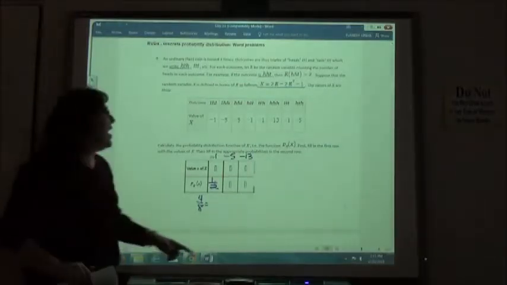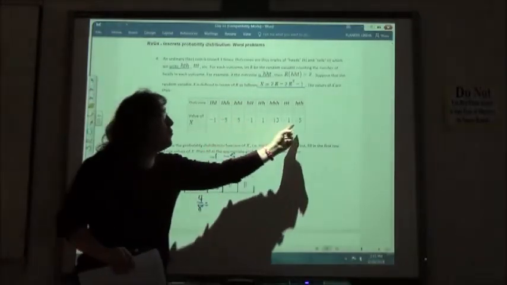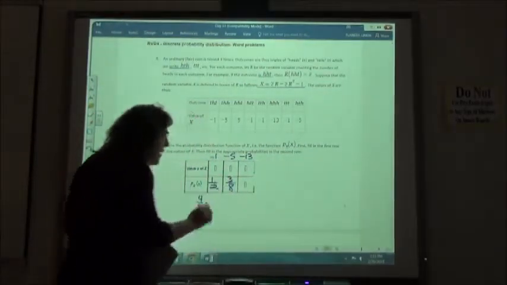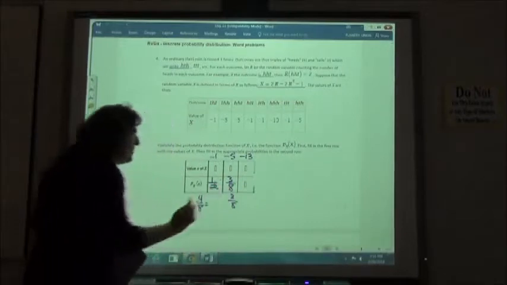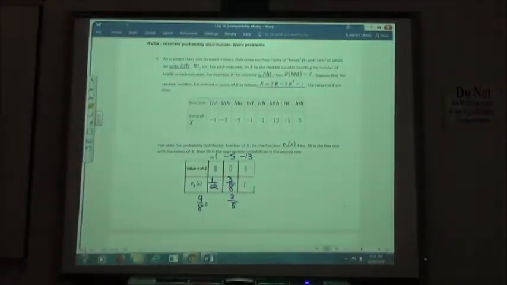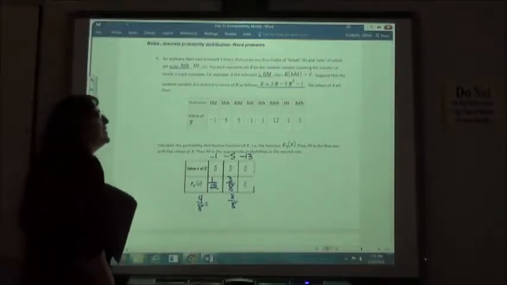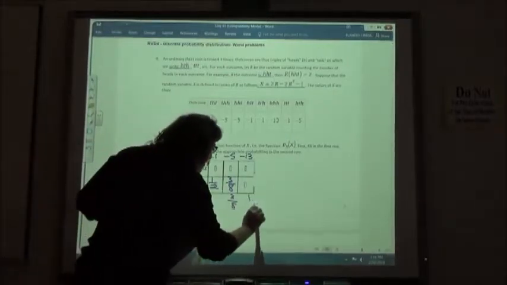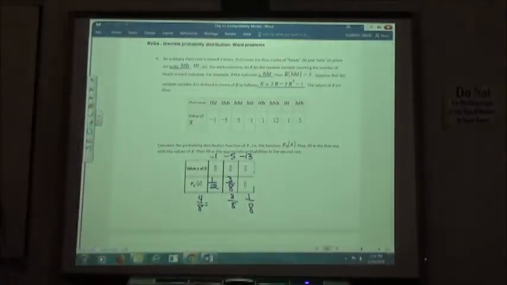For our -5, we've got 1, 2, 3 of them. So our probability, 3/8. Put it underneath there so you can read. And for the -13 then, what would be our probability of getting -13? 1/8, right? 1 out of 8.